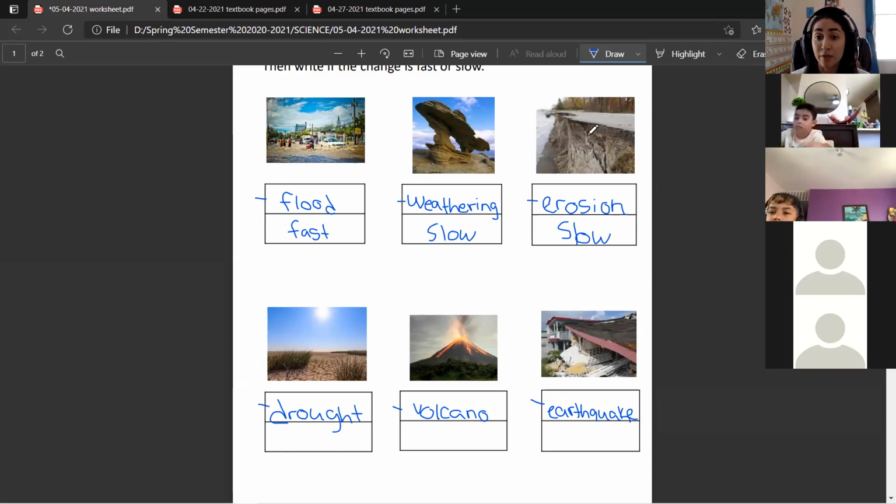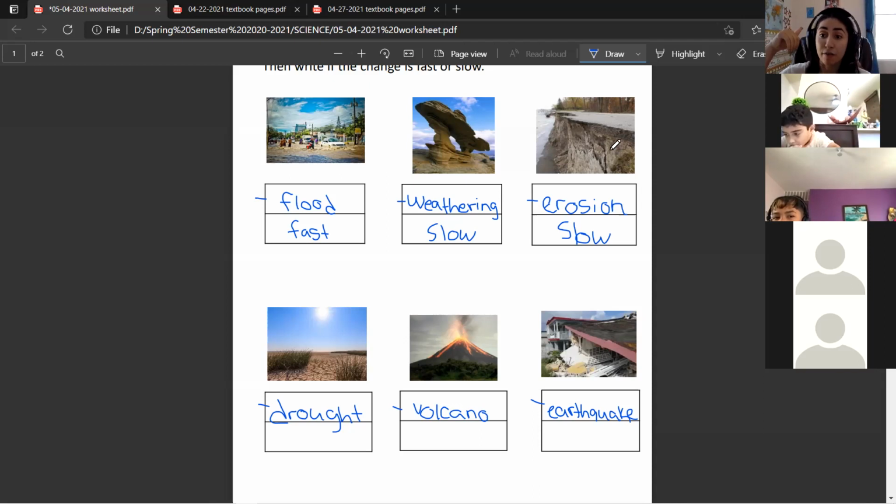You see the cliff? It's wearing off slowly. Now, remember, erosion is when wind or water break down the rock, and that's why the rock has this really cool shape. Now erosion is going to move that rock and the soil with wind or water. That's why you have a cliff that's literally wearing off.